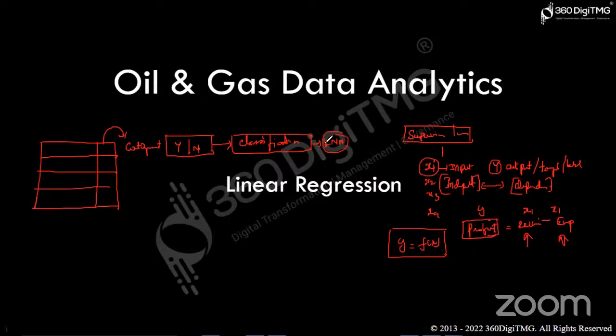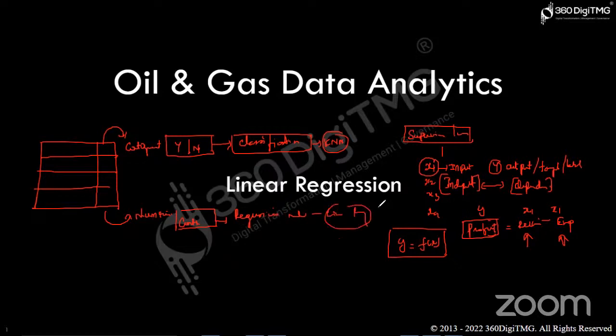We have classified the data. In the same way, if my data is numerical, if I have some continuous data, the models we are going to use are regression models. We have linear regression.